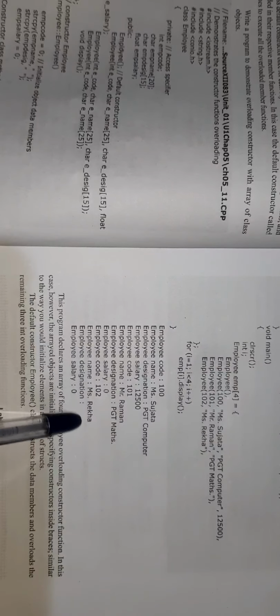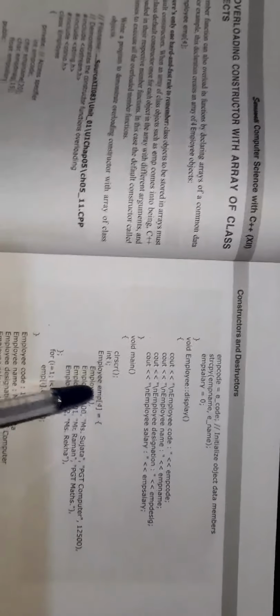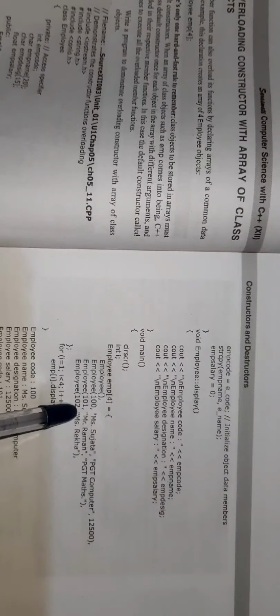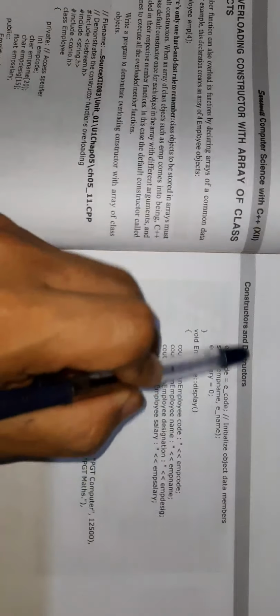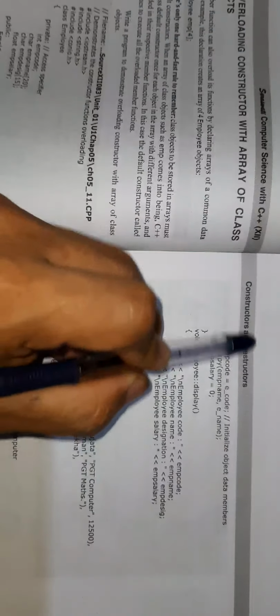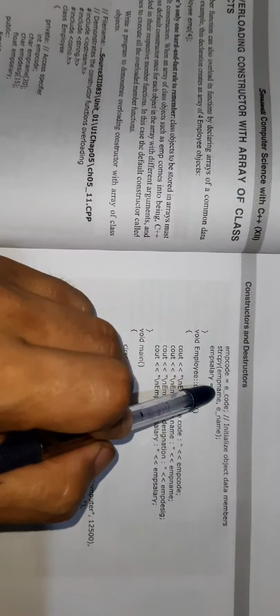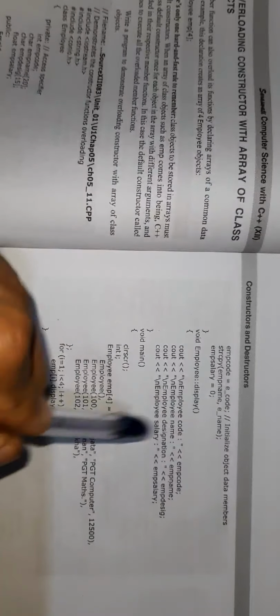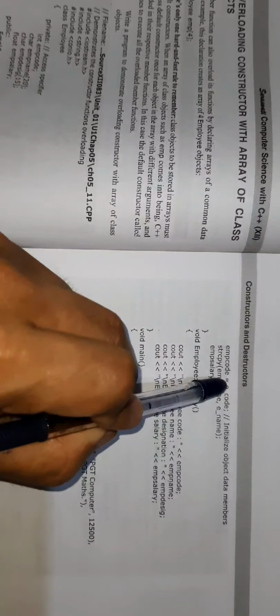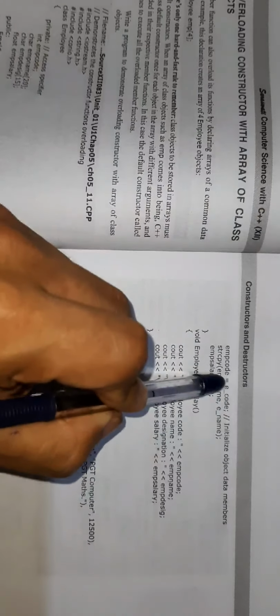But for employee designation, if you see the output, it is null, right? Why? Because only 2 arguments were passed, and in the function body employee salary was assigned the value 0, but employee designation was not written here. Neither was it passed as an argument, nor was it assigned in the function body.